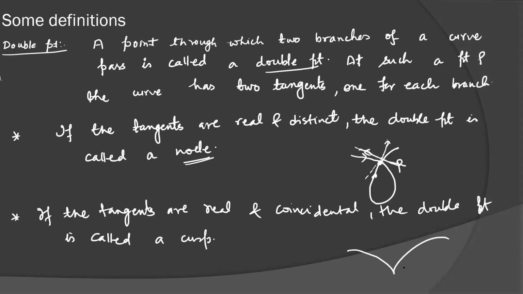Suppose this is your curve, it is going and returning from point P only. You can draw a tangent for this branch and a tangent for that branch, but both tangents are coincidental. In this case, point P is called a cusp.